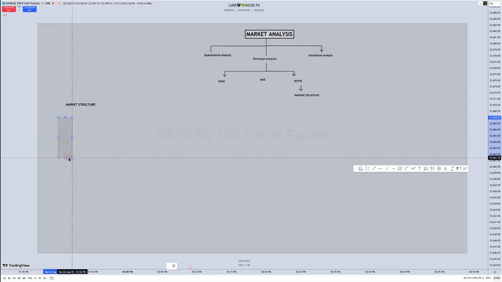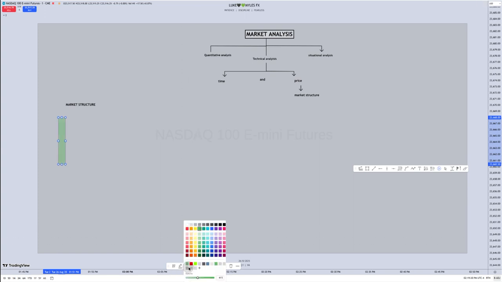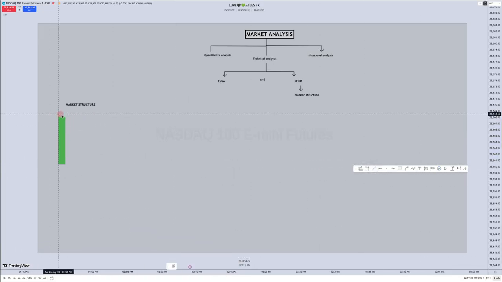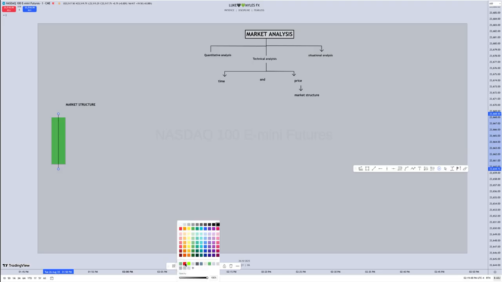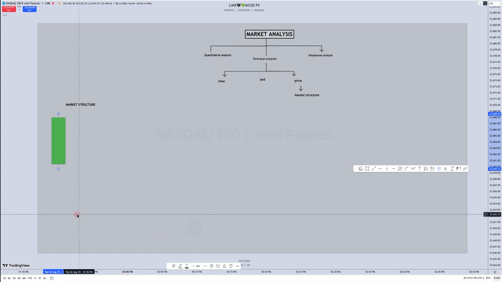So a candle, I would say, is the general appearance, or I would call it the representation of price of a given commodity. That's how I can say to you what a candle is. It is how the price of a given commodity moves, whether going down or up.